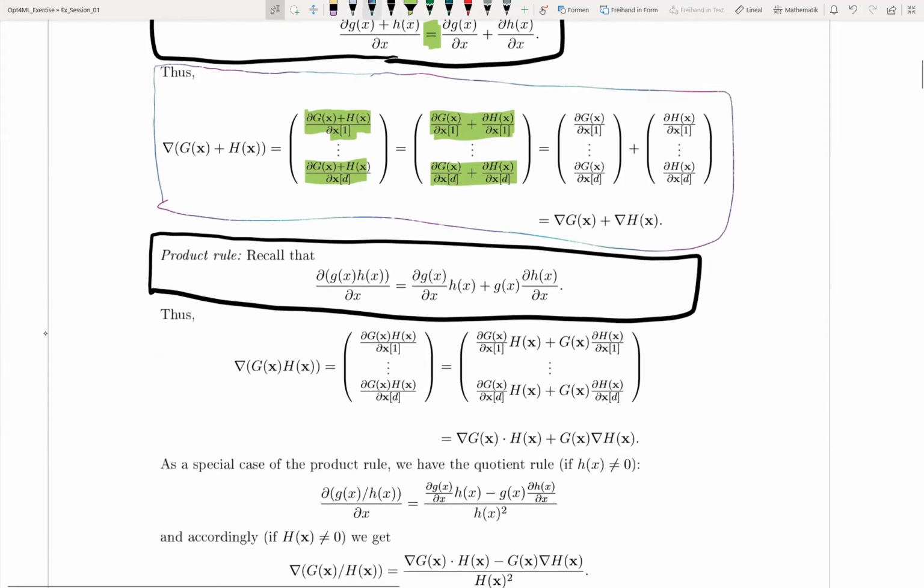All right, what does this tell us about the gradient? If you want to compute the gradient of the product of two multivariate functions, again, we start as before. We write down the definition of what the gradient will be.